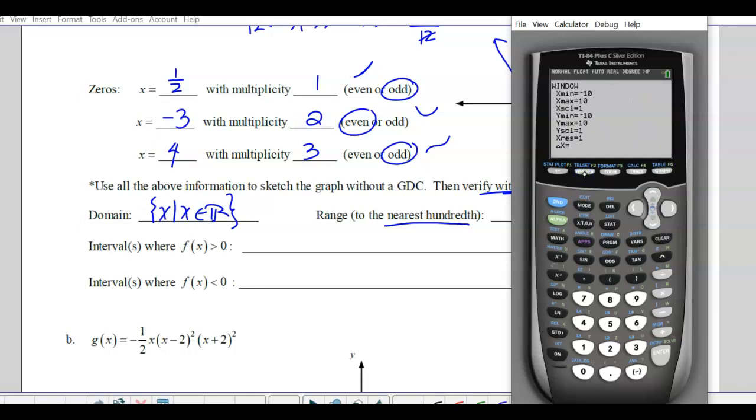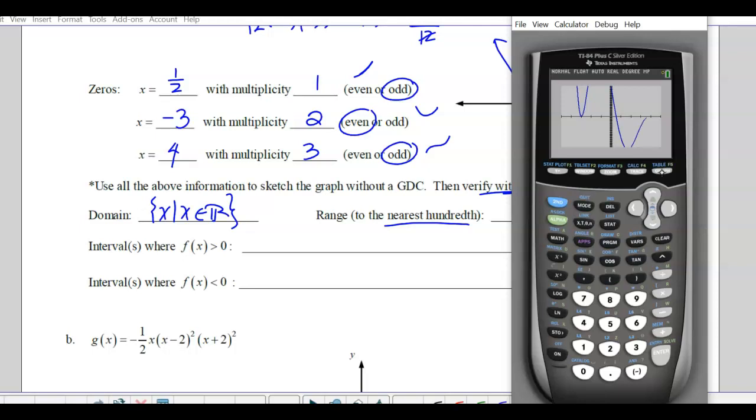So I'm going to change my window. I don't need to go quite as wide, so I'm going to go -5 to +5. But then let's go -50 to +50 to start. That way at least, oops, I didn't change my scale, but that's okay. At least I might see the y-intercept.